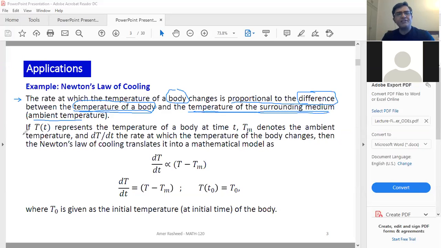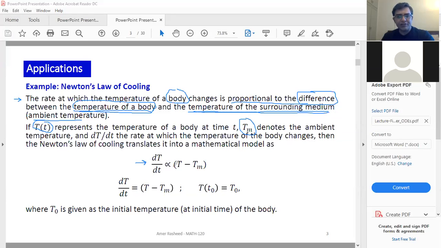So if T of t is the temperature of the coffee cup, and Tm is the surrounding temperature, and the temperature is definitely a function of time, then how can we express the rate of change dT by dt?